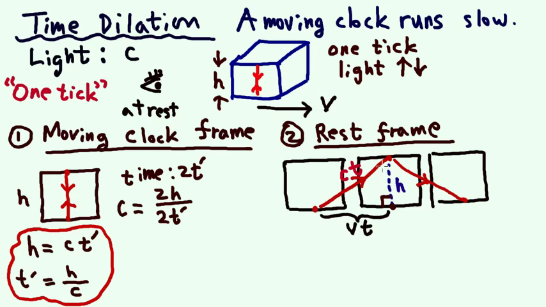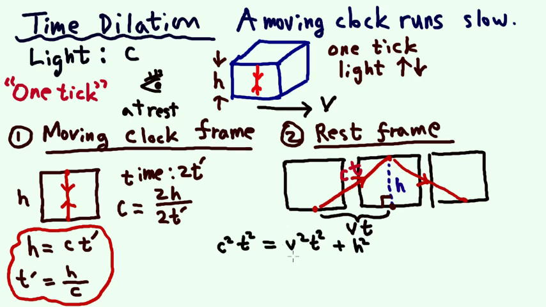So we have all the lengths of this right triangle, so we can write down the relationship between these 3 lengths using the Pythagorean theorem. So we say c squared t squared equals v squared t squared plus h squared.